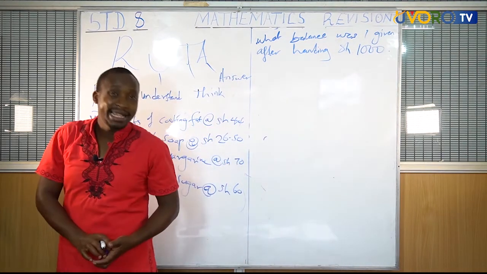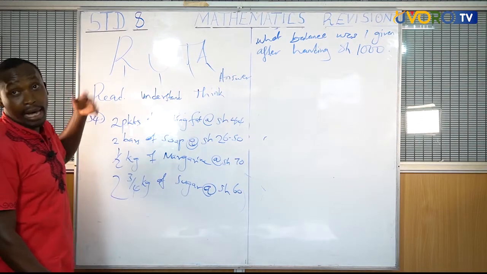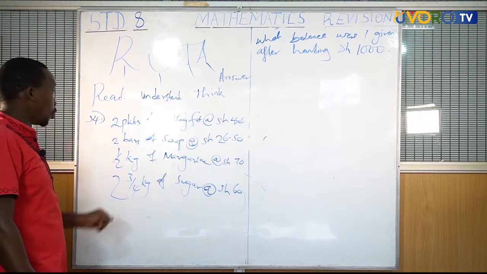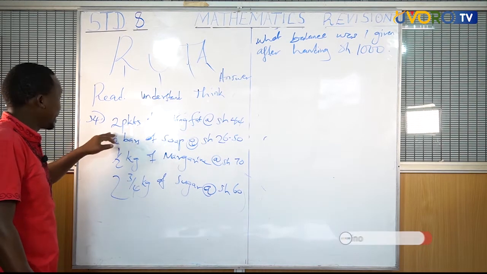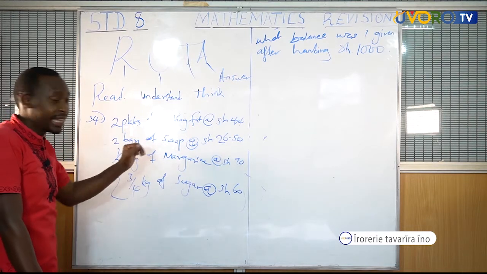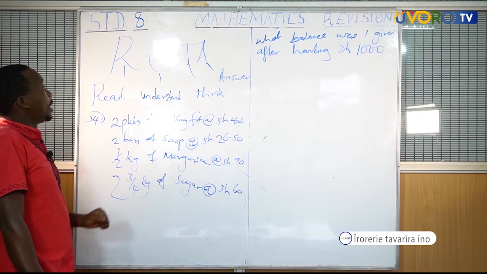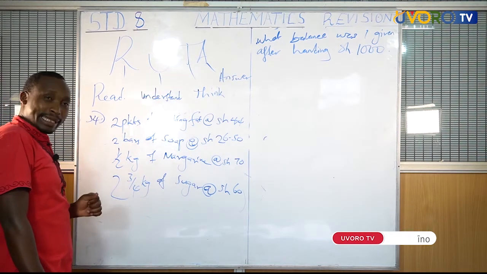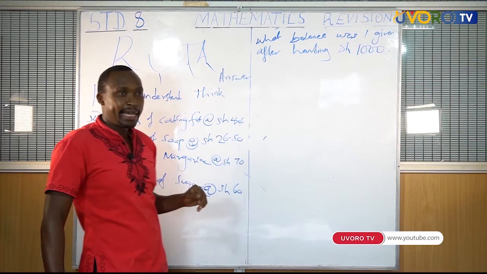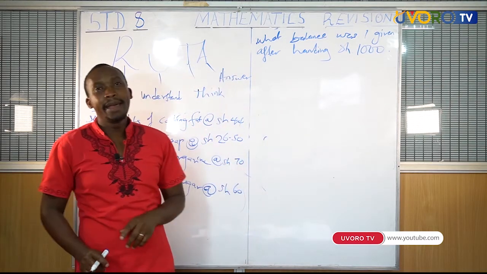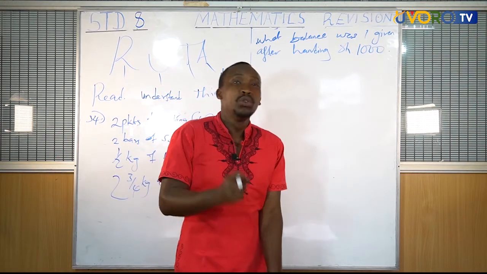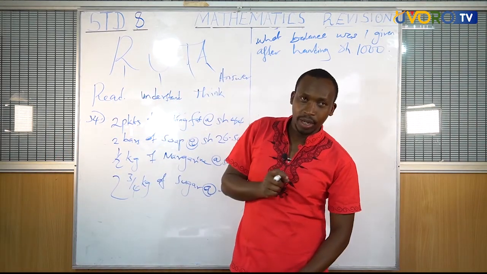Now, class 8, remember, router, for understanding, you are supposed to make sure that you understand this sum before you do anything. Remember, when you see this sign, at, it means you multiply. If you see 4, you don't multiply. Are we sure?